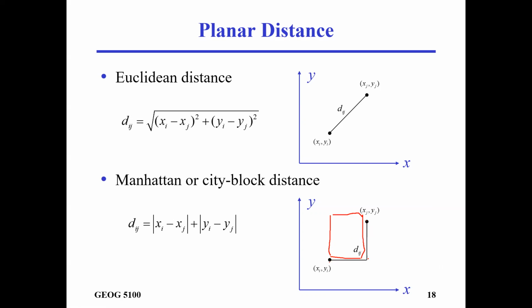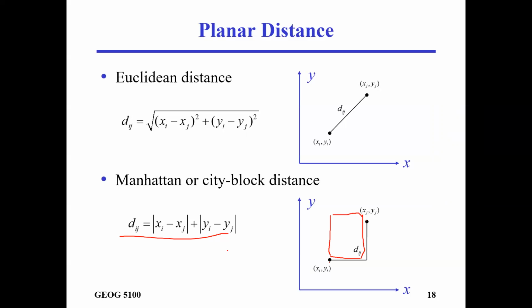You go along one side of the block, then you go along another side of the block to get to location j. So how long did you travel? You use this formula to calculate. So city block distance is just a simple example telling you that there is non-Euclidean distance for planar distance.